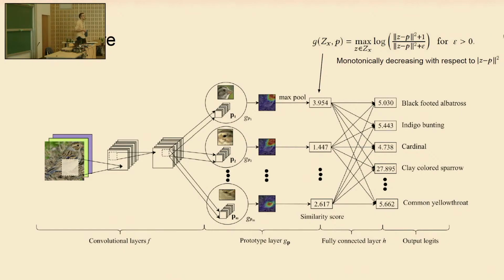And the answer is that it contains this prototypical part layer, which is not some kind of additional branch of the network. It's not that there is a network and there is something additional that tries to explain what is going on in the main flow. This is inside the main flow. So if you want to go from the input to the output, you have to go through the prototypical part layer.